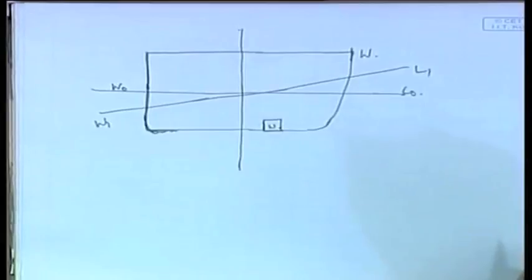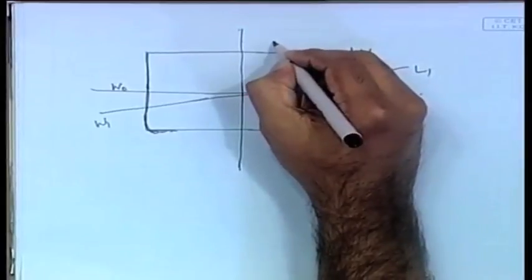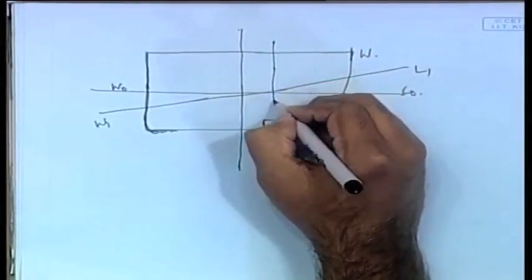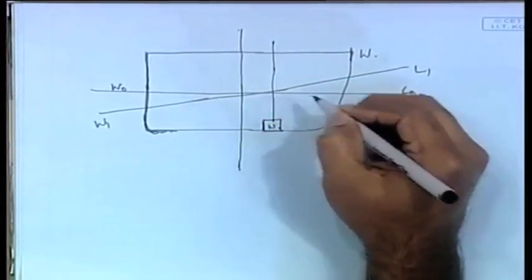Now the problem is, first you are going to hang the weight here, means it's going to be suspended, it becomes like a simple pendulum. Okay, this weight is suspended here.